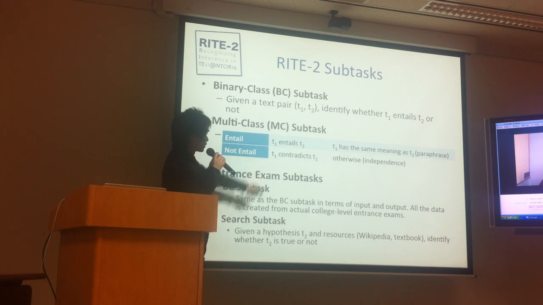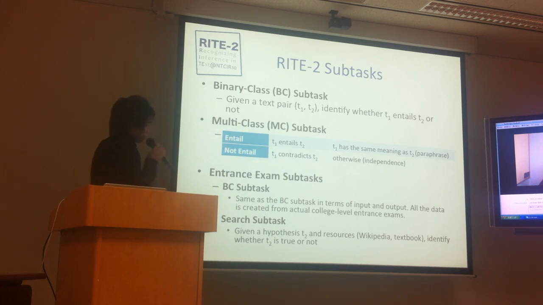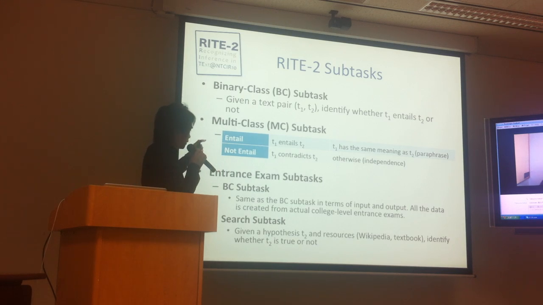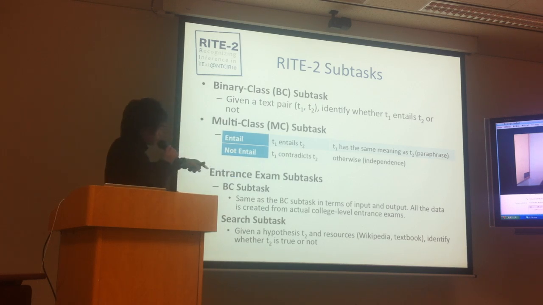If T1 contradicts T2, the pair of text fragments is a contradiction. And if the text pair T1 and T2 is not entailed and not contradictory, then the systems are required to output independence.